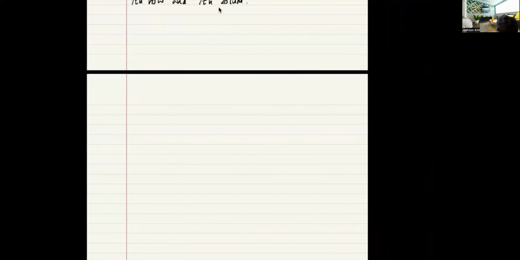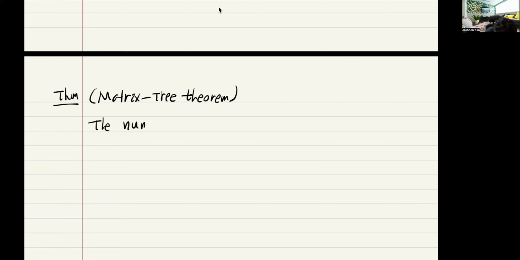With this definition, we can prove the following Matrix Tree Theorem.